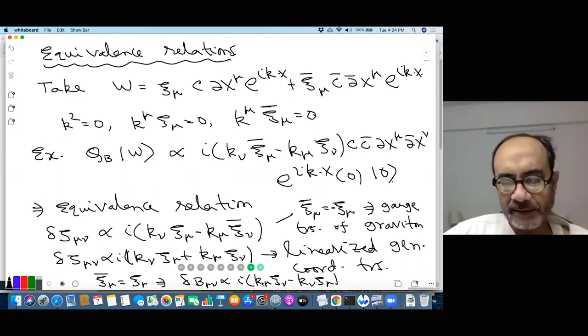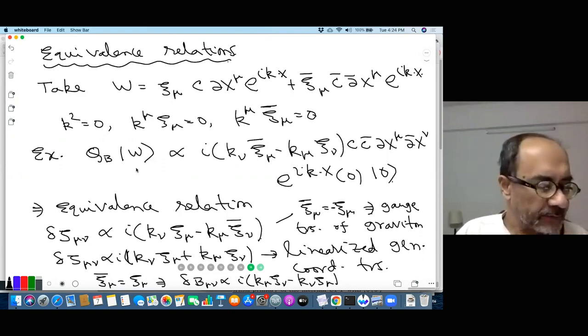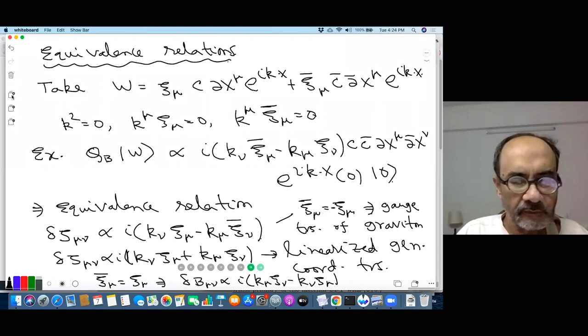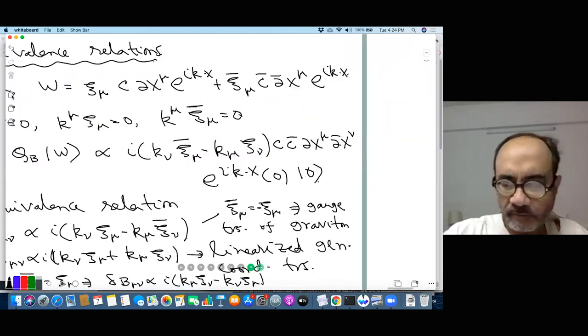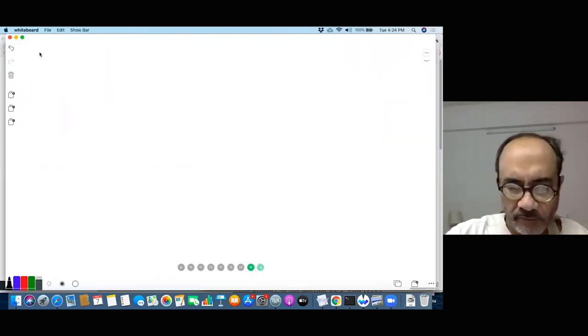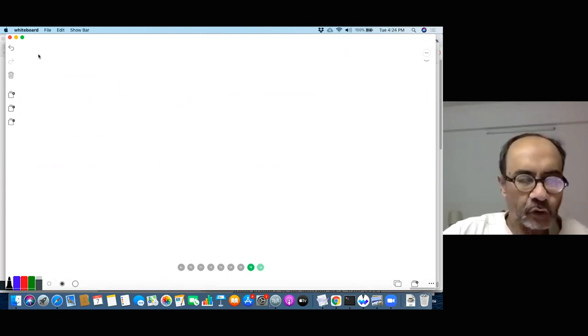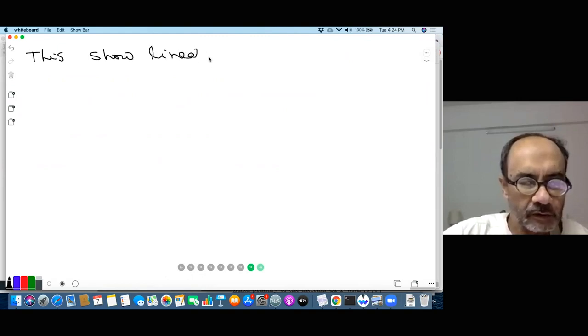In position space, it just becomes the derivative: k mu becomes the derivative of psi. Are there questions? So this is essentially the linearized general coordinate transformation.